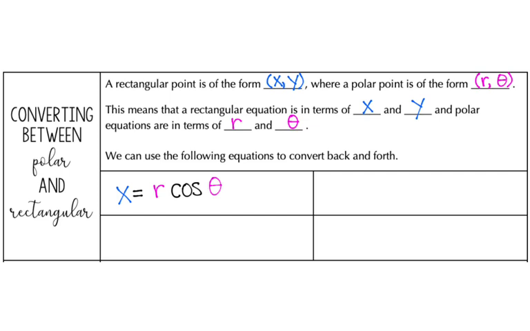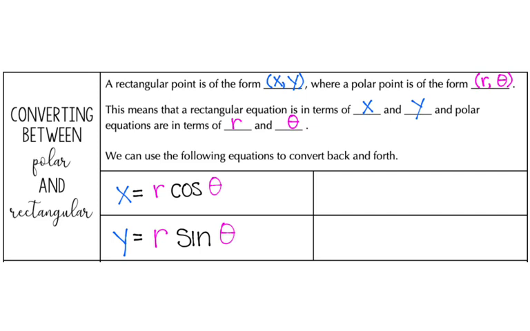So we have some conversions. And the first one that we learned and we did in our activity on block day was that to find our x's, we take r and theta and we do r times cos theta, and that will give us the value of x. So this is how we take polar and convert to rectangular. And also we need the y value, which is going to be r sine of theta.